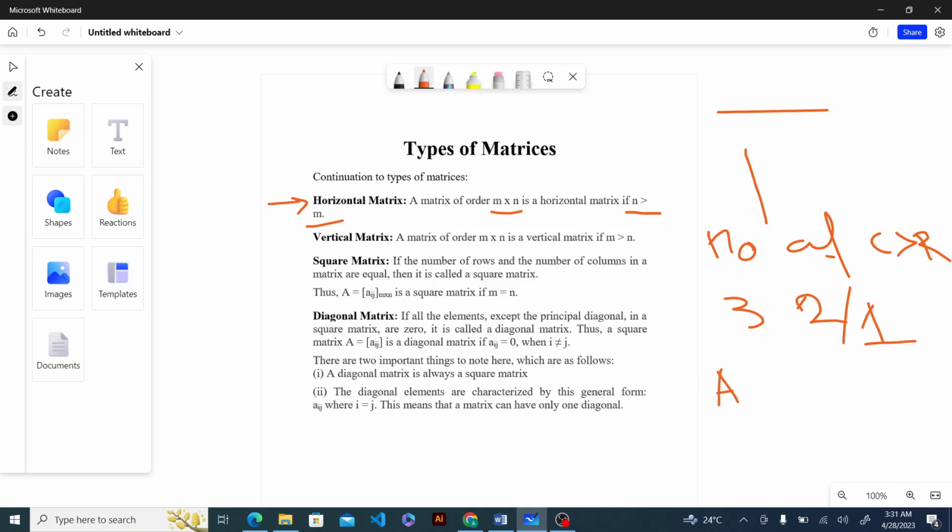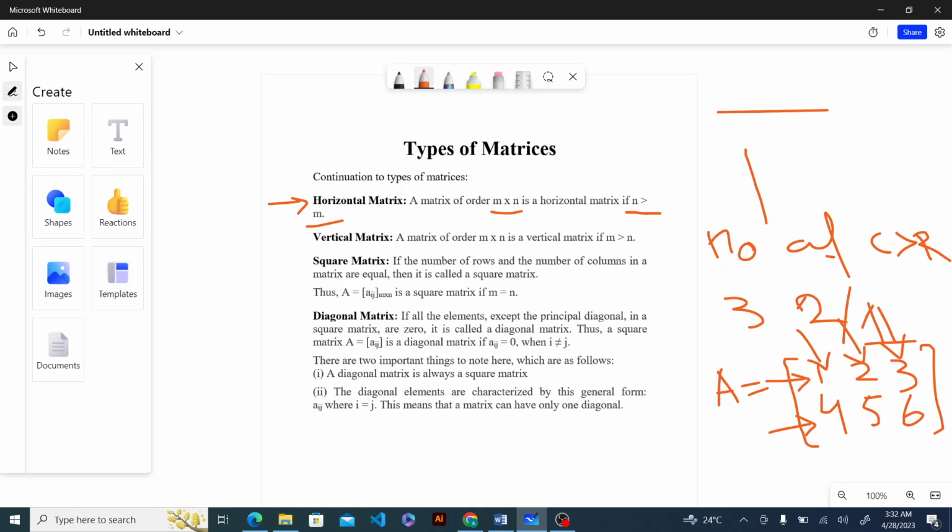Let me give you an example. So in this matrix A, it has 2 rows and 3 columns.